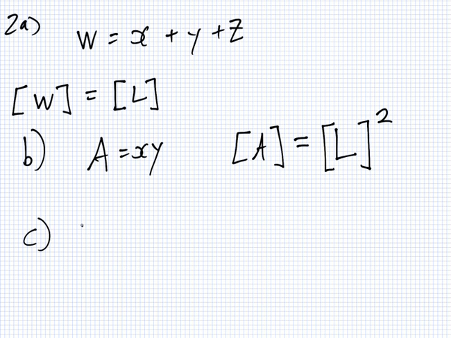So, for example, you could do 5 meters divided by 2 seconds. This is actually okay. So you can multiply or divide quantities of different dimensions. But you kind of know this already, because I don't think you would ever say 5 meters plus 6 kilograms. So it does kind of make sense.